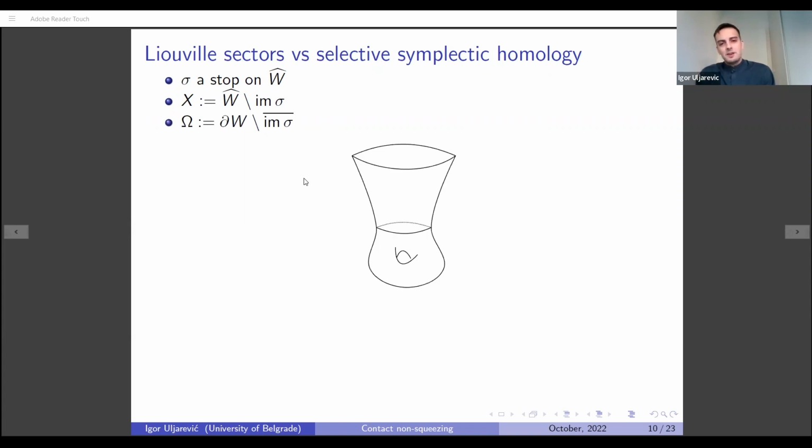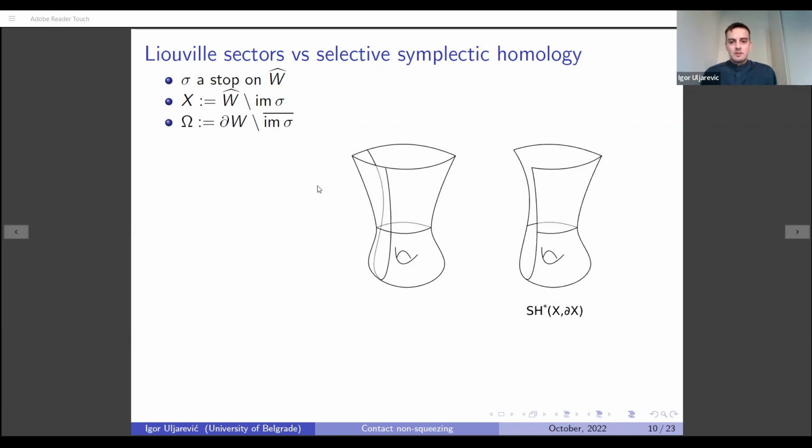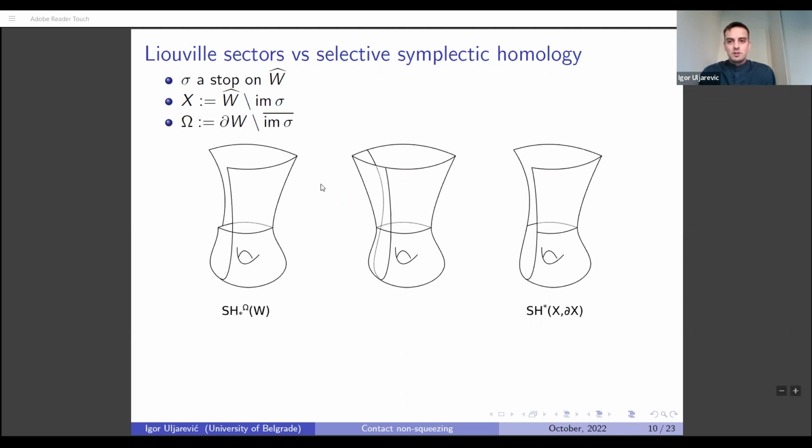So here is the completion of a Liouville domain, and here is a stop on that Liouville domain. Now on the right, you can see which part of the Liouville manifold is relevant for symplectic cohomology of the sector X. And on the left, you can see which part of the Liouville domain is relevant for selective symplectic cohomology.